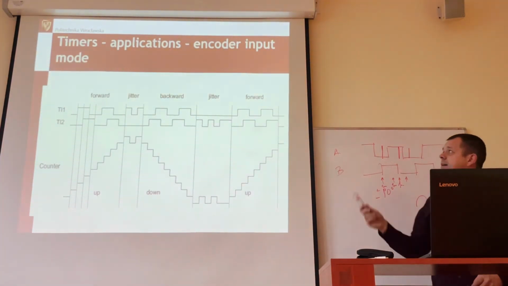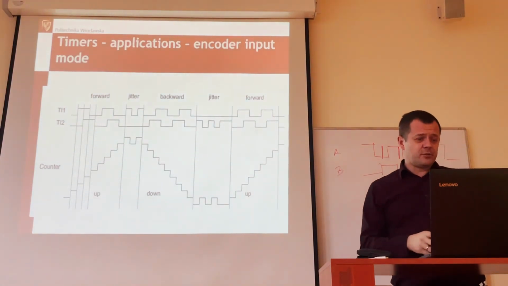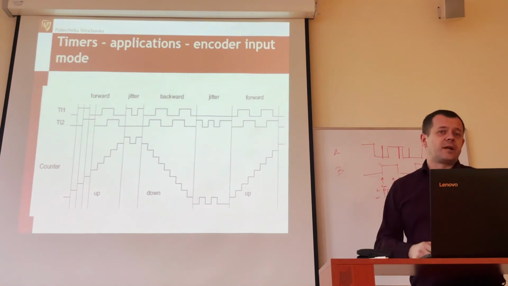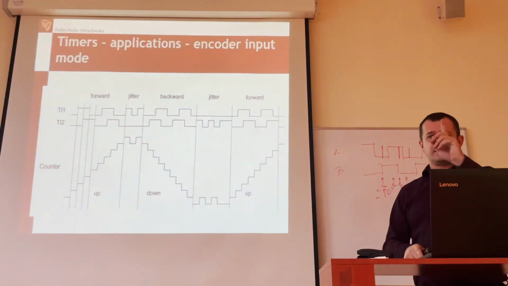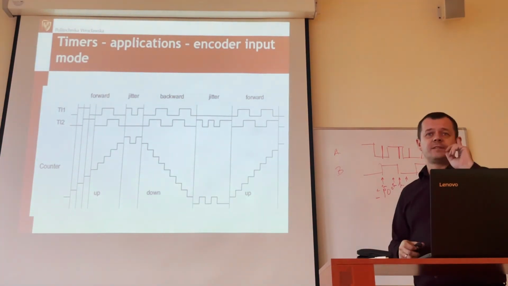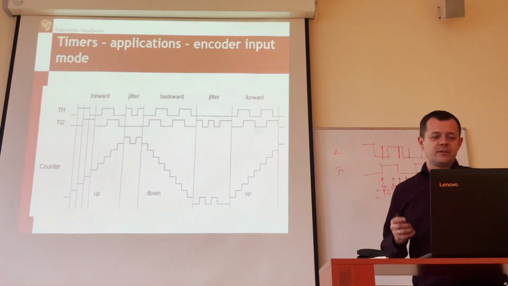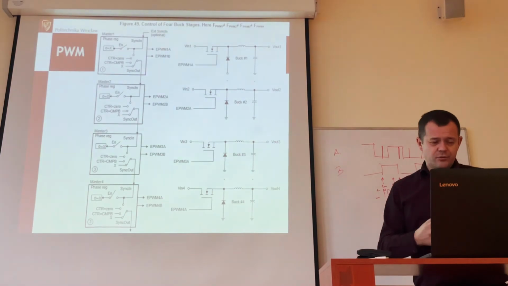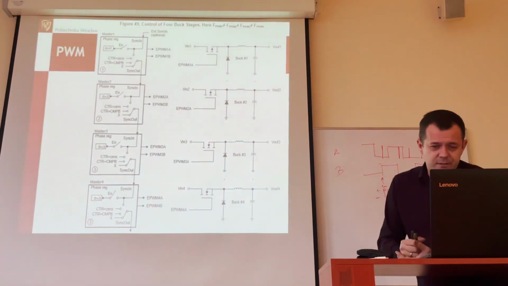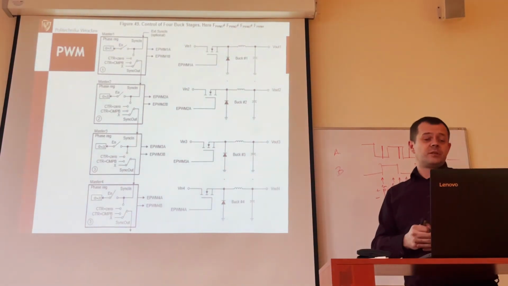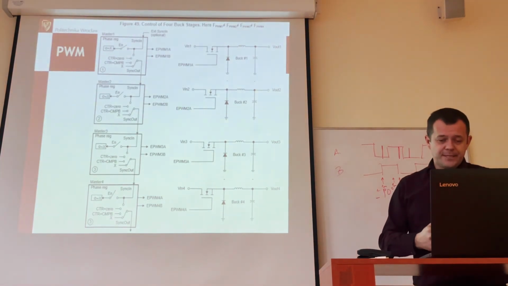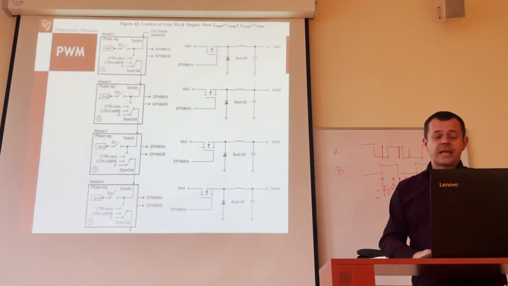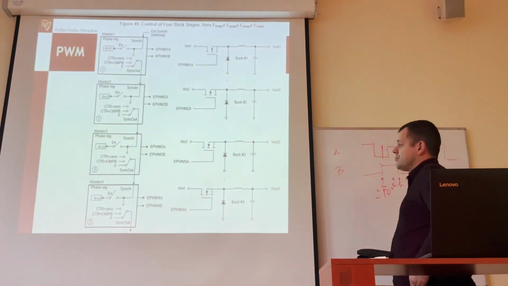So the encoder inputs, if we talk about robots, if we talk about machines, the encoders are always present, and the encoder interface. But not all microcontrollers have dedicated timers with dedicated encoder inputs. So this is something that you should take into account when you want a microcontroller to be used in such applications.